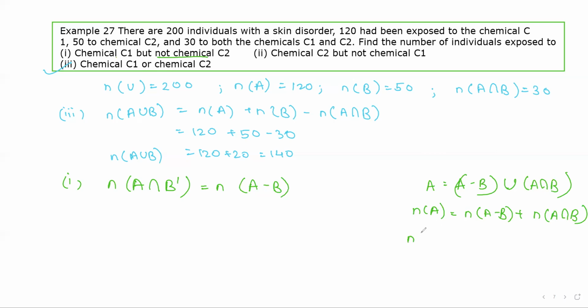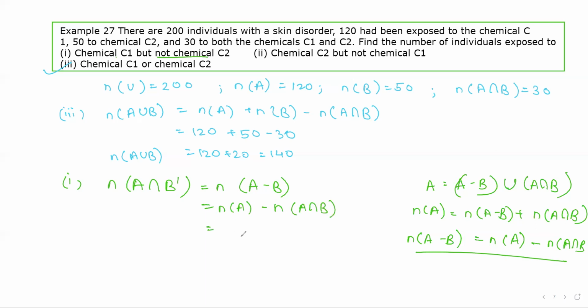So the number of elements in A minus B can easily be written as the number of elements in A minus the number of elements in A intersection B. Using this formula, we'll write here N of A minus N of A intersection B. N of A is given 120 minus A intersection B is 30, which is equal to 90. So there are 90 people who are exposed to C1 but not C2.